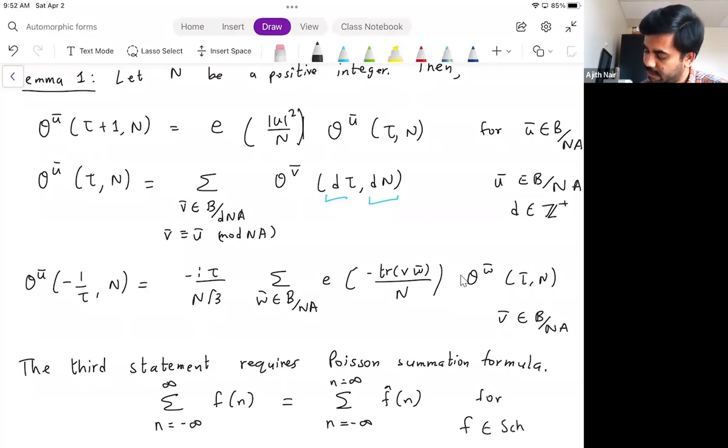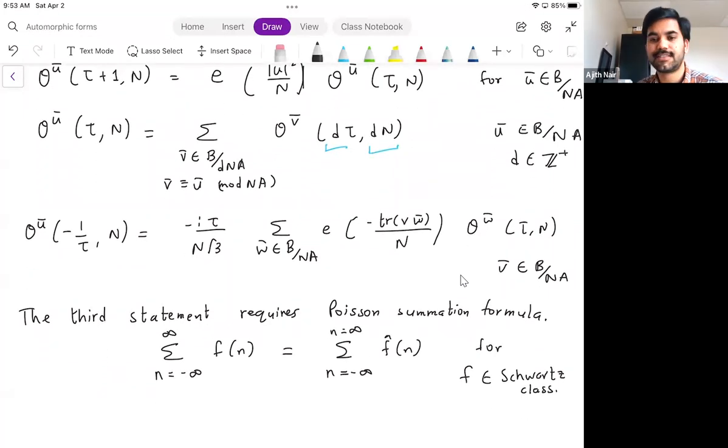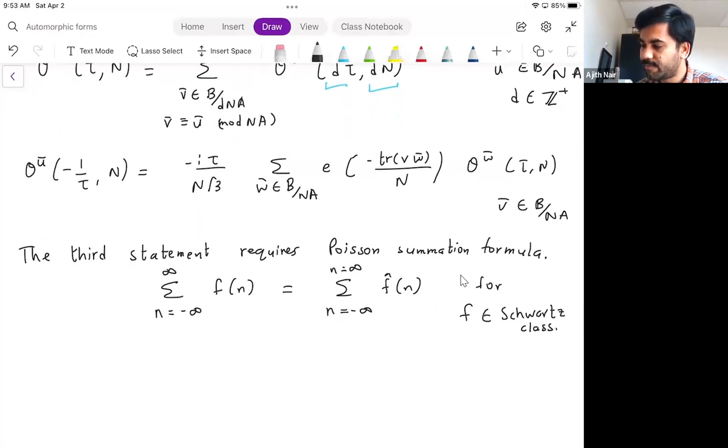Let's say f is in the Schwartz class. For such a function f, we have this Poisson summation formula, a very beautiful formula.